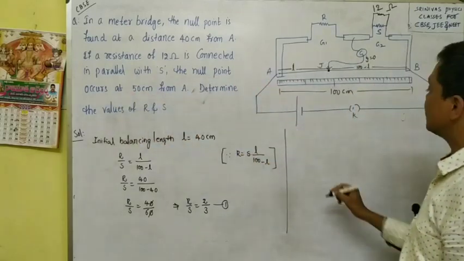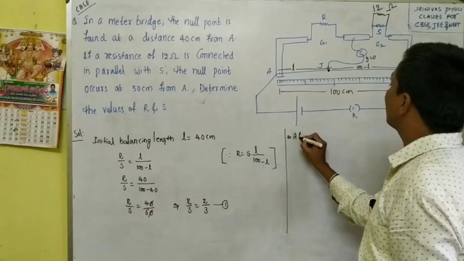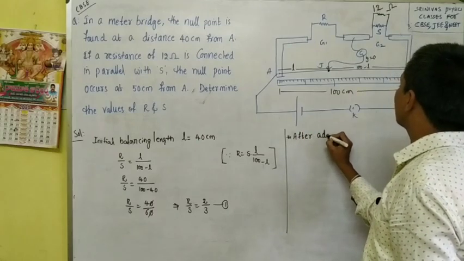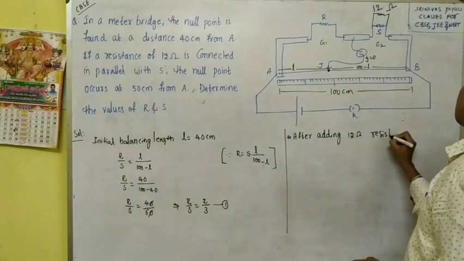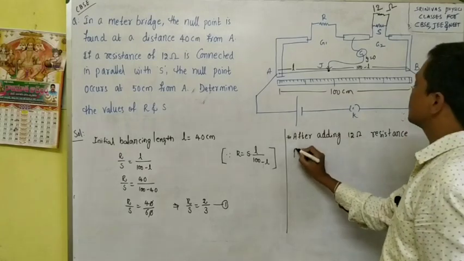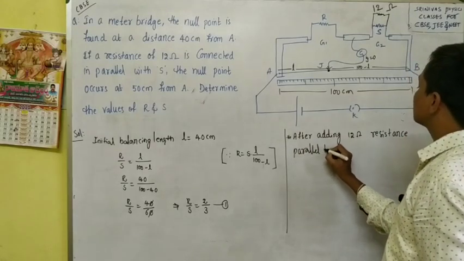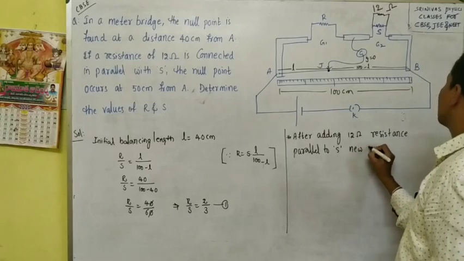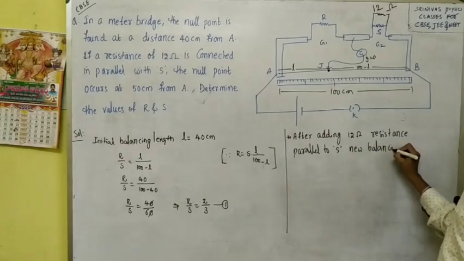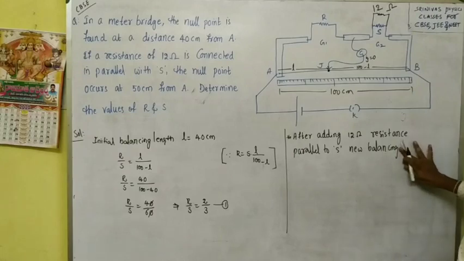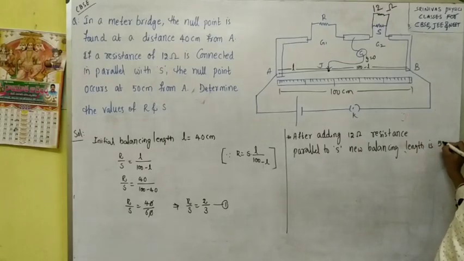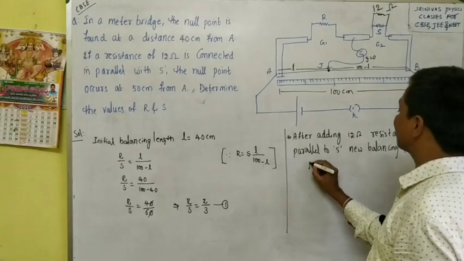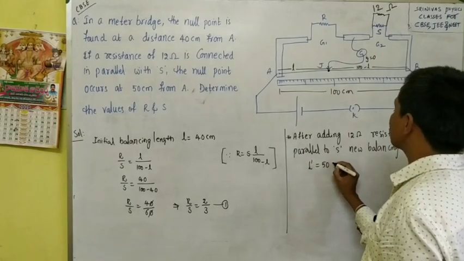After adding the 12 ohm resistance parallel to S, the new balancing length is 50 centimeters. Let us take L dash as 50 centimeters.